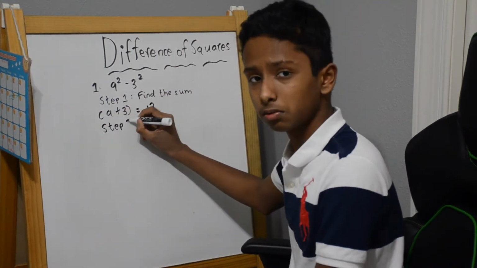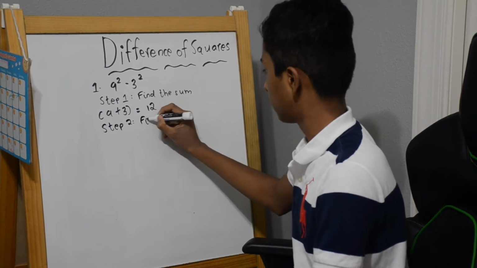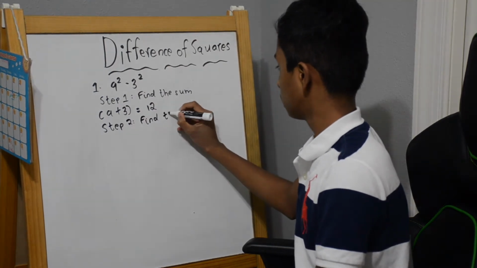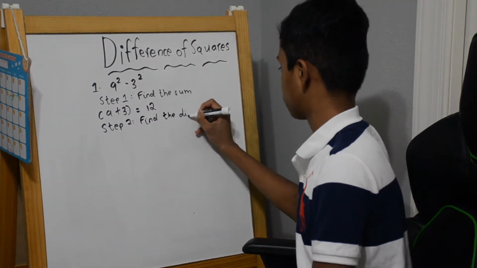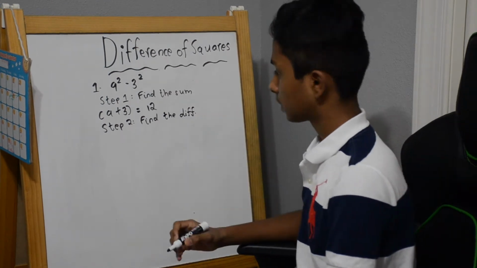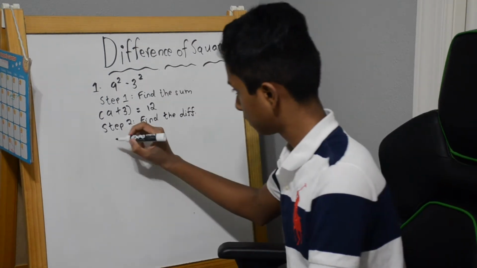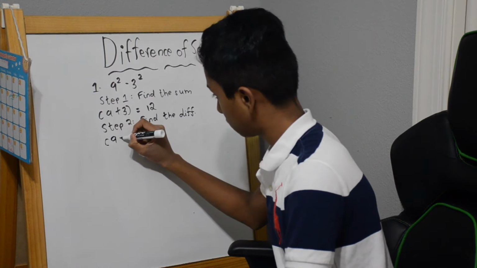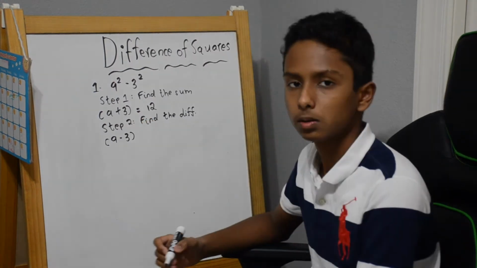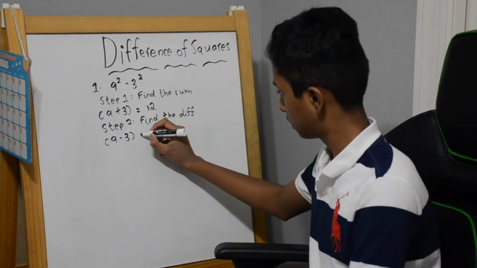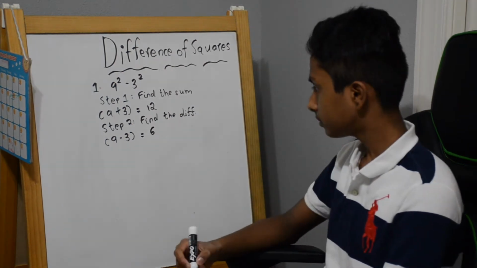Step 2 is to find the difference. So the difference is 9 minus 3. 9 minus 3 is 6.